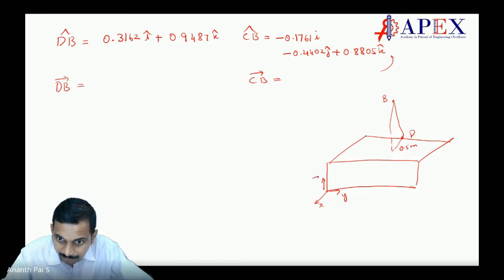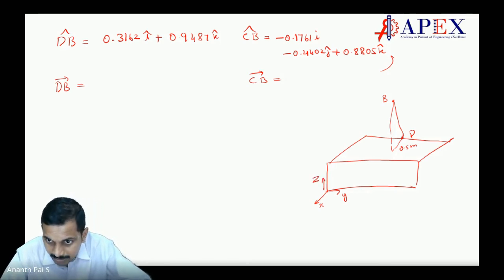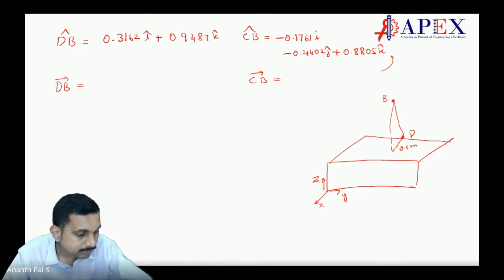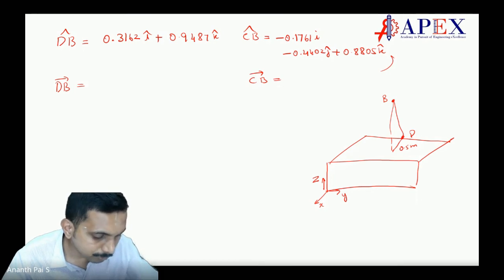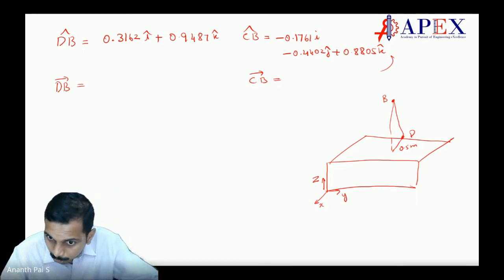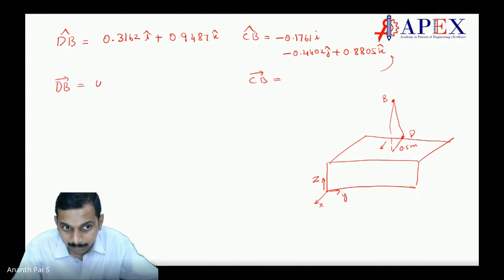correct? So based on this, from D to B, how much should I move? If I have to move from D to B, I should move in the positive direction of X by how much? 0.5. So I have to write 0.5i plus.